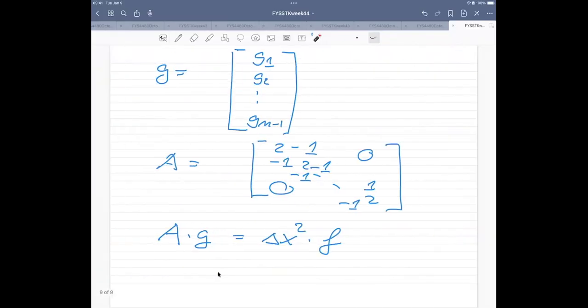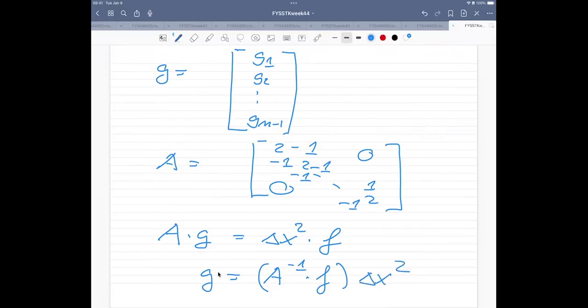And that translates into this one and that one and these terms here. Now, the brute force way would be just to invert the matrix. And then you have the solution G, right? So if you think of this problem, it's just a linear algebra problem, which is equal to the matrix inverse times this vector F multiplied by this constant delta x squared.